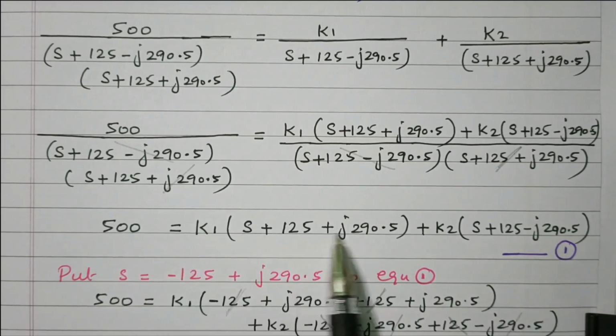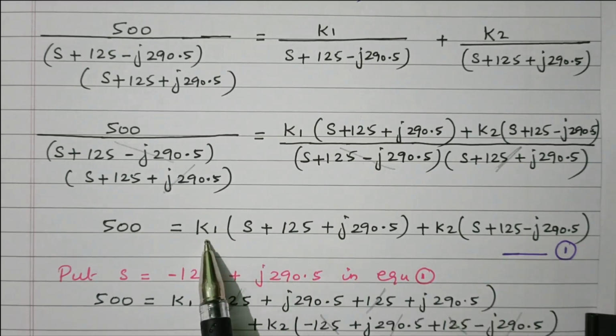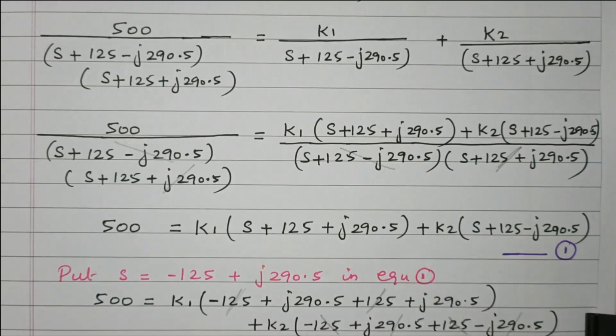So finally we got the simplified equation. Now we need to find the values of K1 and K2. So how will you find K1 and K2? If we substitute S equal to minus 125 plus J 290.5, see here the plus is available, plus 125 minus J 290.5, so just opposite to that, minus 125 plus J 290.5.